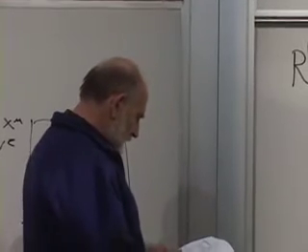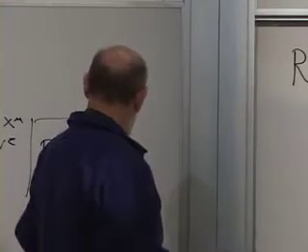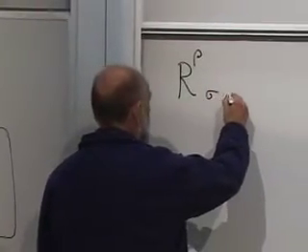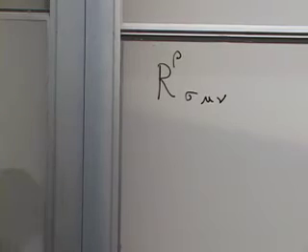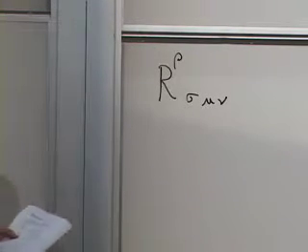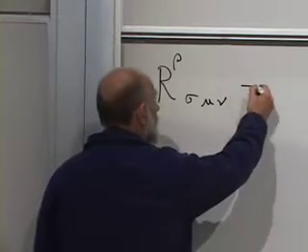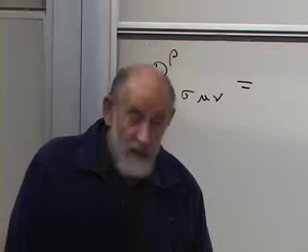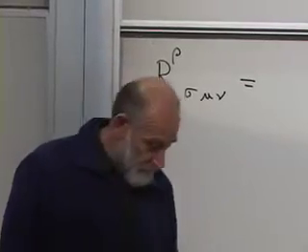And for some reason, I have used different letters, but it doesn't matter. Sigma, mu, nu. Same tensor, except I've rearranged the indices, and I'm going to write down what they are. They're in terms of derivatives of the Christoffel symbols, and also products of the Christoffel symbols.